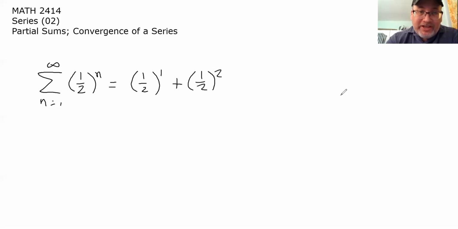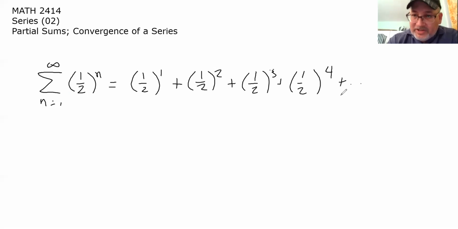Put 2 in for the index in the argument. Get 1/2 squared, then plus 1/2 cubed, plus 1/2 to the fourth, and so on. Since this is an infinite series, it will not stop. It will go forever.